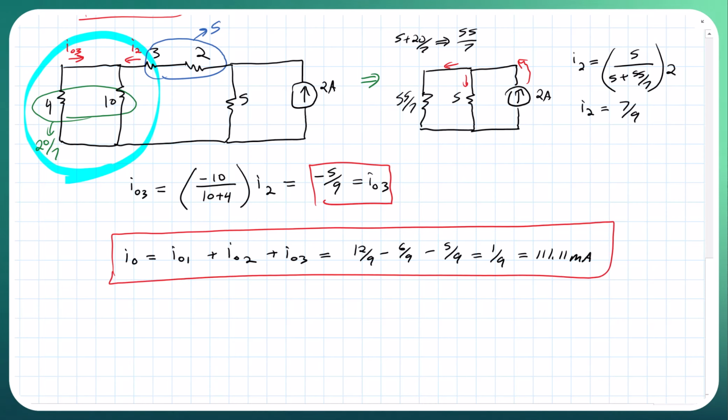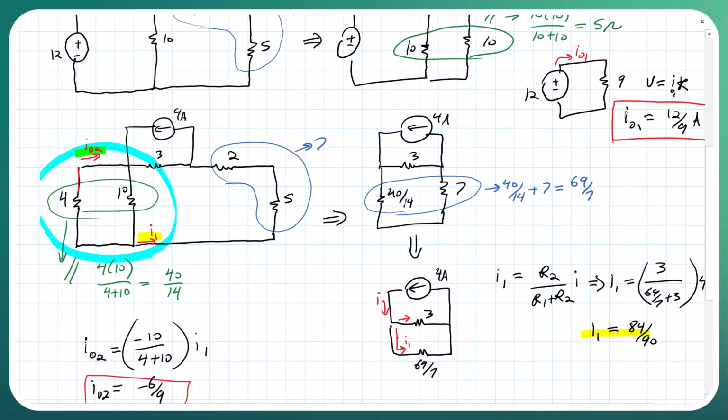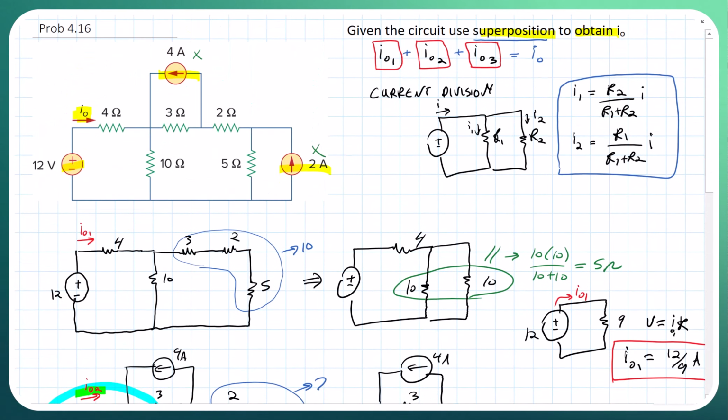Okay, and that's how we use superposition to solve for the current of this original circuit here.